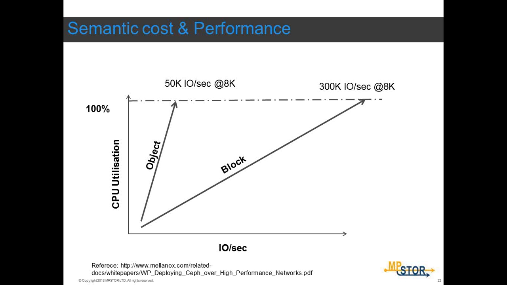But you can see there's quite a difference. It's about six times more powerful, or six times better results, on block over object. These tests represent 24 solid state disks on a high-end multi-core x86 machine over 40 gig Ethernet using iSER or RDMA type technology.